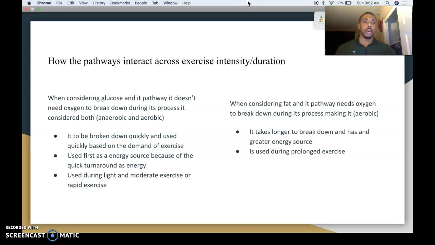That's why carbs are also the first source of energy within our body. And so it's most often used during rapid movements, high intensities, or light or moderate exercise. Fat is mainly used during long-duration exercise, because of its slow breakdown and slow metabolism.